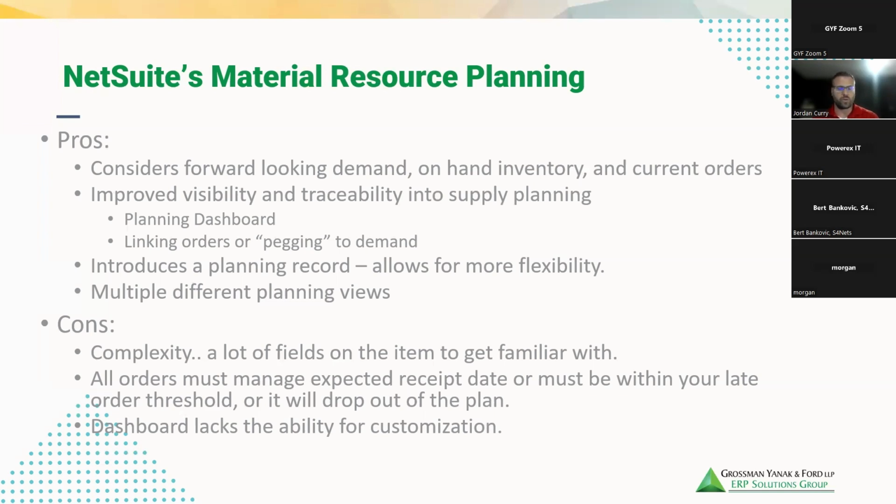All of your sales orders, all of your purchase orders, all of your work orders, all of your transfer orders, if they're not fully received, fully built, closed out, it's important to close those orders out if they're no longer valid, because technically NetSuite is viewing that as an open planning order. So it will cause more confusion if it's no longer valid. So you want to make sure you're managing that.